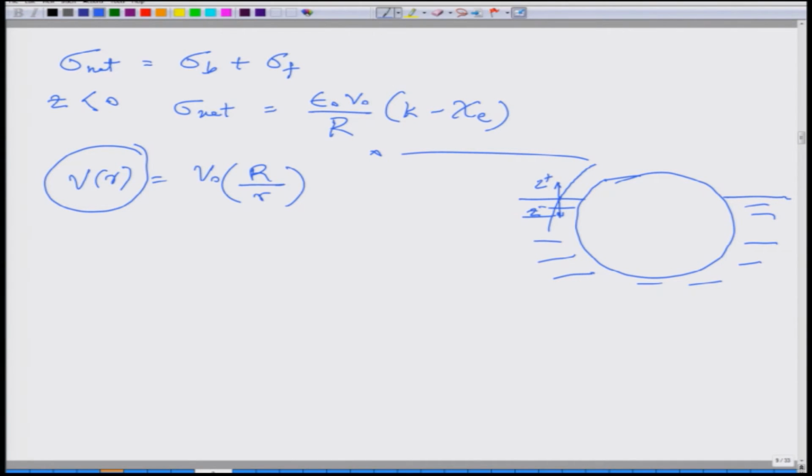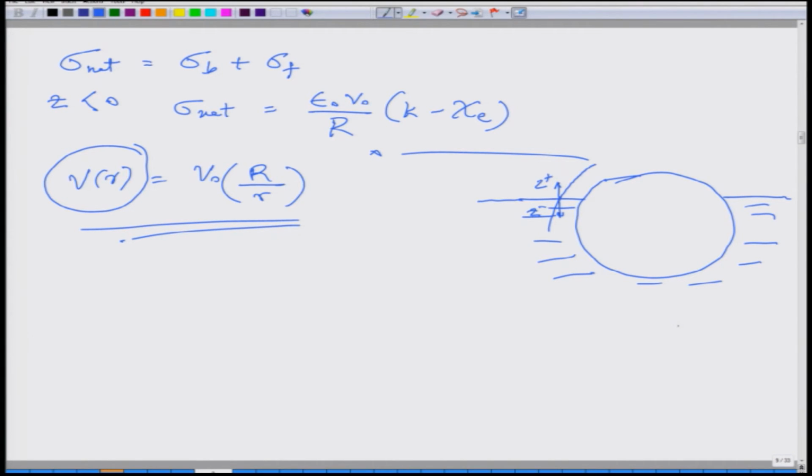So physically, we can argue that this particular potential will induce a bound charge on this surface, which will alter the potential itself. So we cannot have this for this configuration.